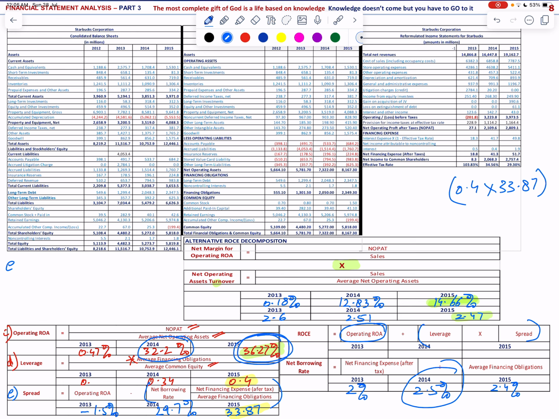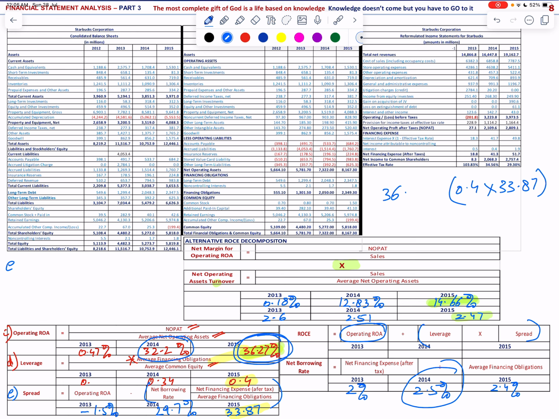And we have the operating return on asset, 36.27.